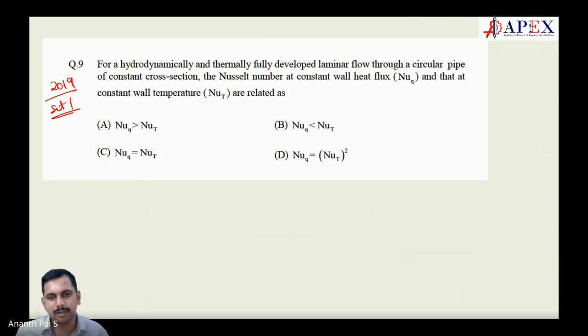For hydrodynamically and thermally fully developed laminar flow through a circular pipe of constant cross section, the Nusselt number at constant heat flux and that at constant wall temperature are related as.